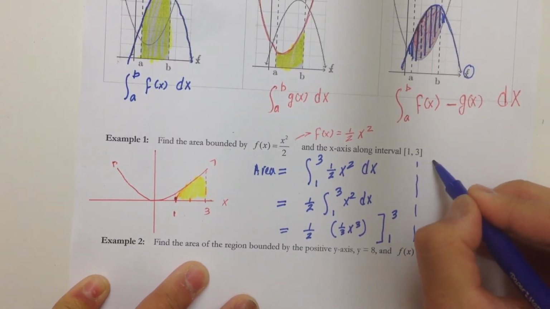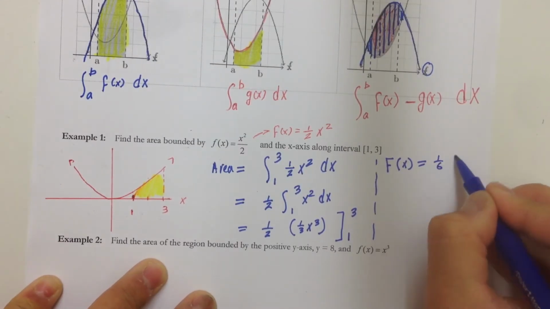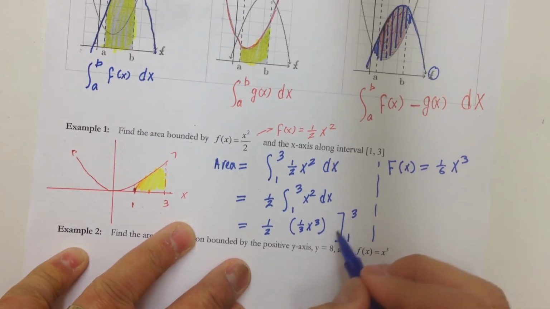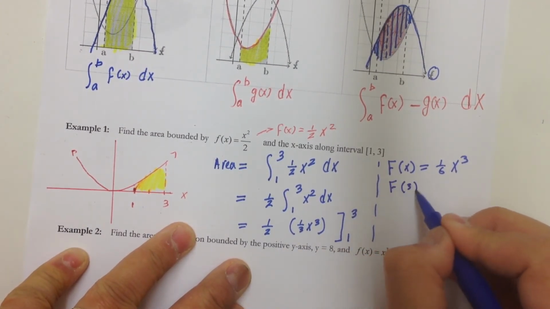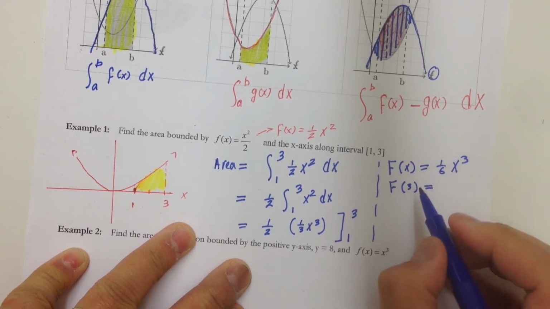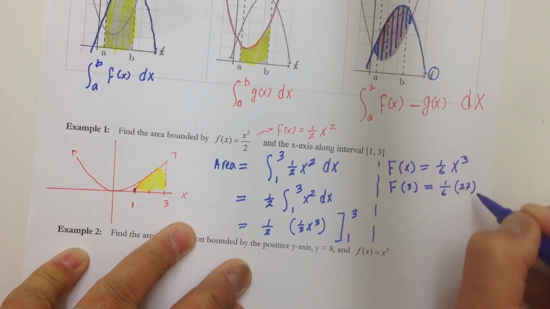So the antiderivative here is 1 over 6 x to the 3rd. Multiply those together. When we take the antiderivative and evaluate it at 3, we get 1 over 6 times 27.